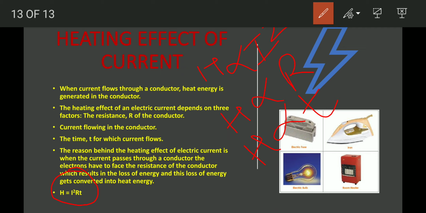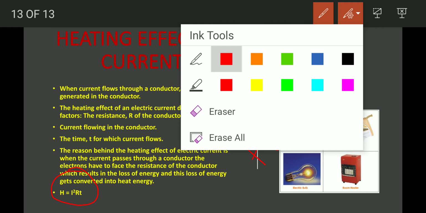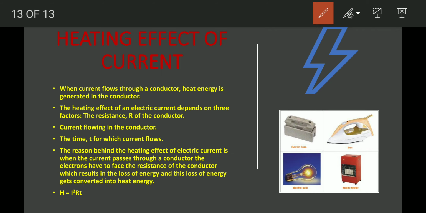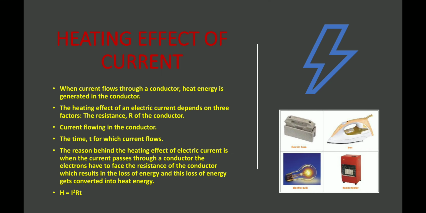Out of the three, current has more impact on heat as compared to resistance and time. Now there are numerous applications of heating effect of current. These are in iron, electric heater, water heater, room heaters, bulb, electric fuse, etc. Thank you.